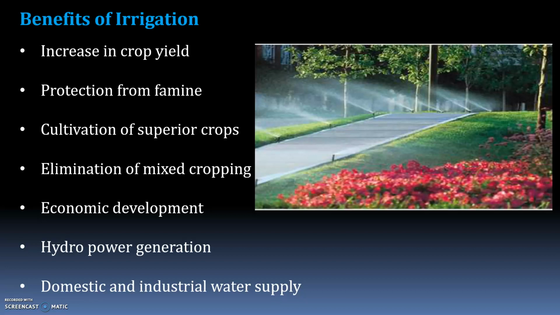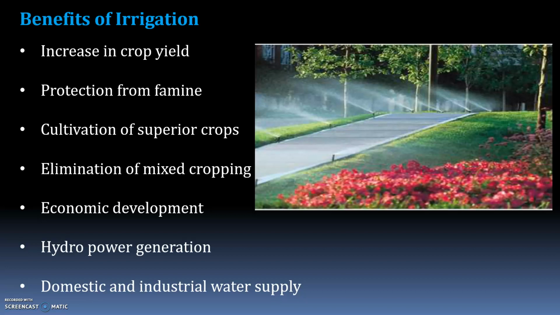Then also you can say improvement in the groundwater storage. So like that, there are many points. I think if you know all these things, that is more than enough. If you want to know more, you can refer to the textbook.